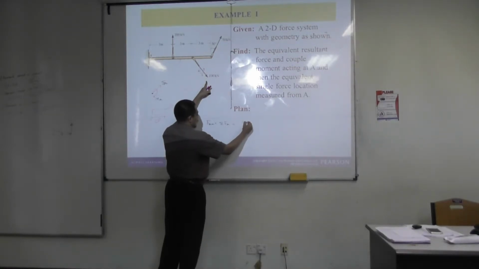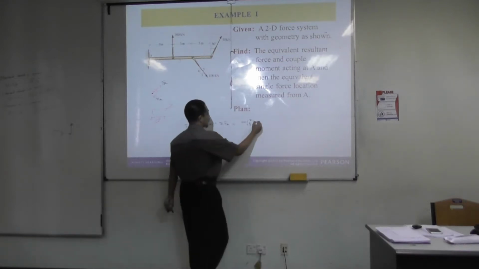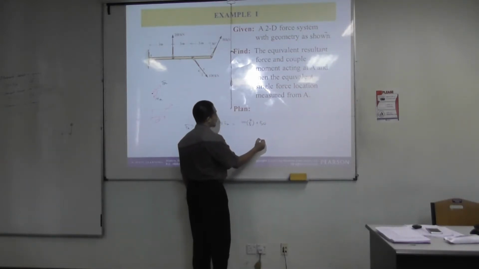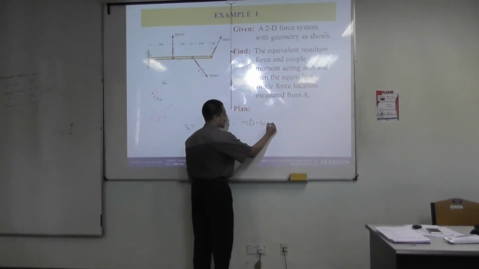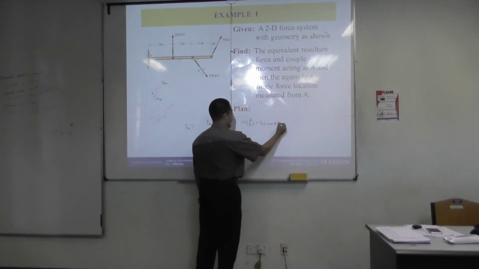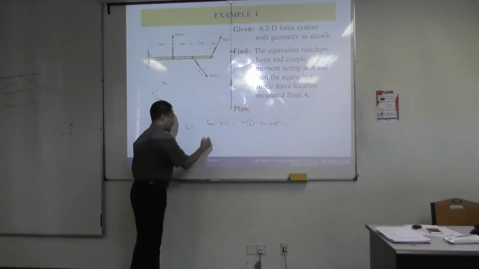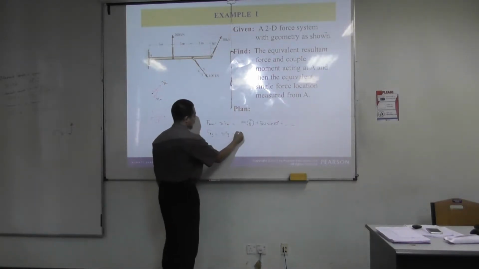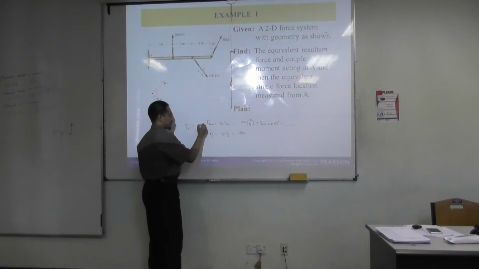This one is 0, this one is basically 100 times 3 over 5, plus 50 cos, or is it sin, 50. Then you get a value there. And FRY, the summation of Fy: you get 200, taking positive to the right and positive upwards.